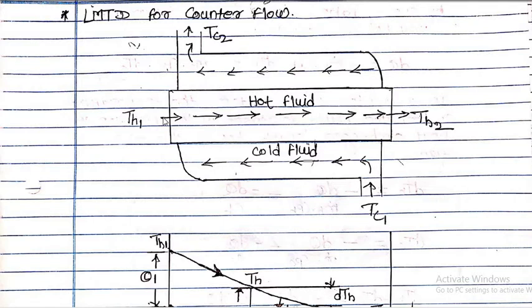On the side of the heat exchanger where the hot fluid entry is there, on that side the cold fluid exit will be there in case of a counter flow heat exchanger, and where the hot fluid exit is there, on that side the cold fluid entry is there.